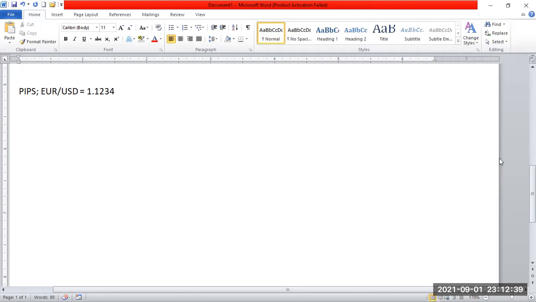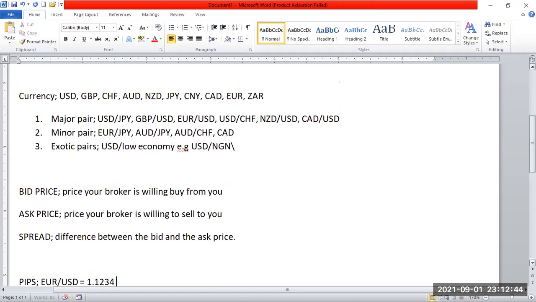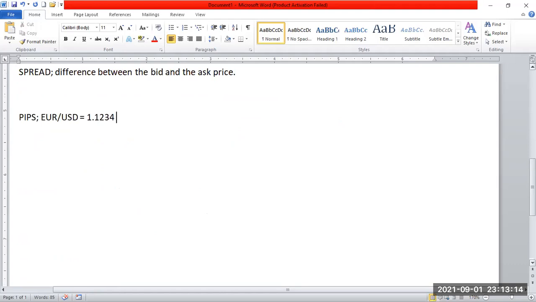If you notice when we were listing the pairs above, you can see the JPY is always coming behind the USD, unlike all other pairs here. The JPY has a very small value compared to all other pairs.